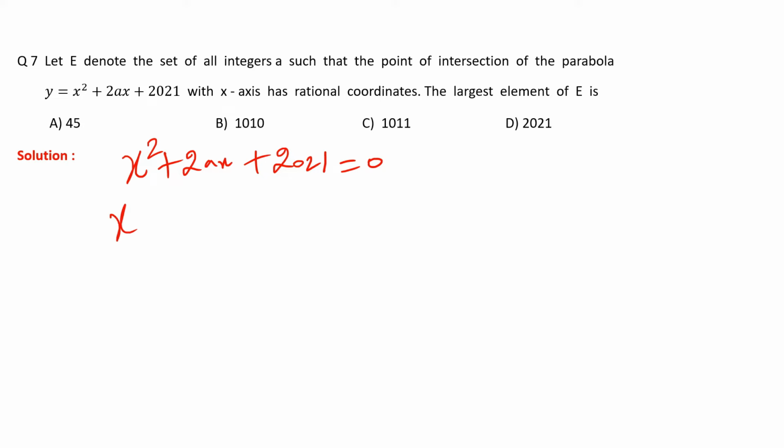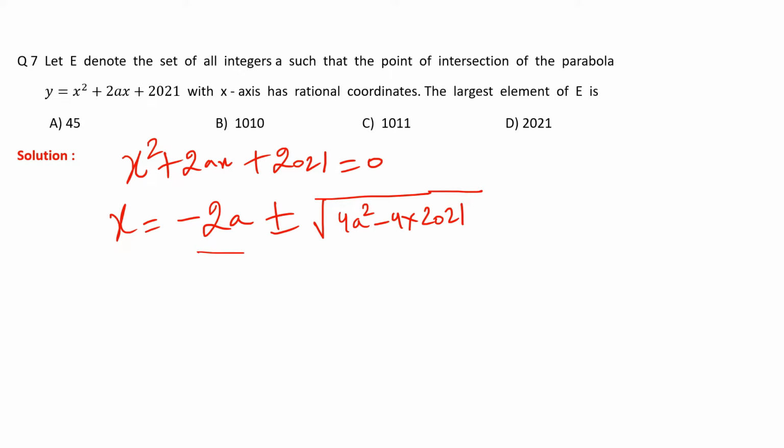Now first of all, let's find the roots of this equation by using quadratic formula. So it is minus 2a plus minus square root of 4a square minus 4 into 2021, whole divided upon 2. I have used the quadratic formula x equal to minus b plus minus root d upon 2a, where in this formula a refers to the coefficient of x square, right?